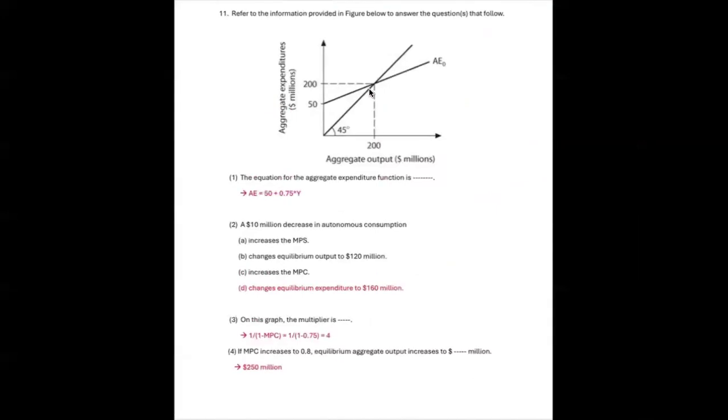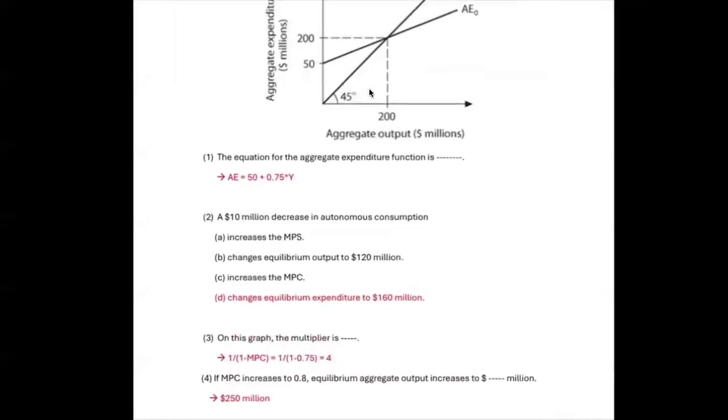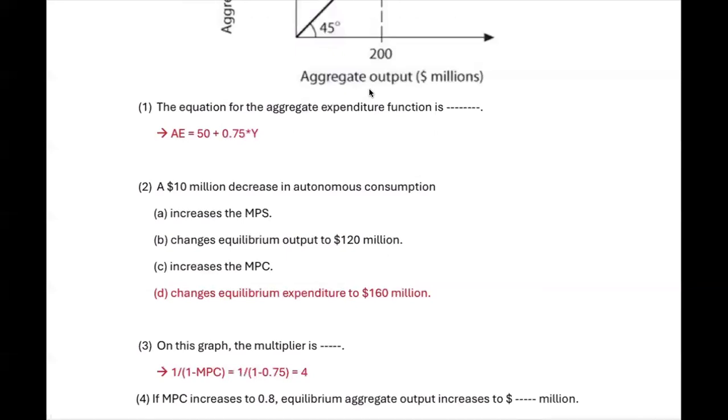So for question 11, for the first part, I don't think I need to show you the steps, because this is also about how to get the linear form, right? How to get A and B. But for the second part, a 10 million decrease in autonomous consumption means what?